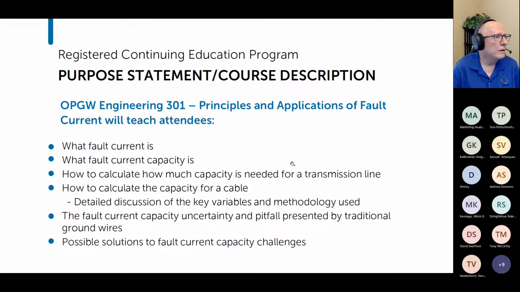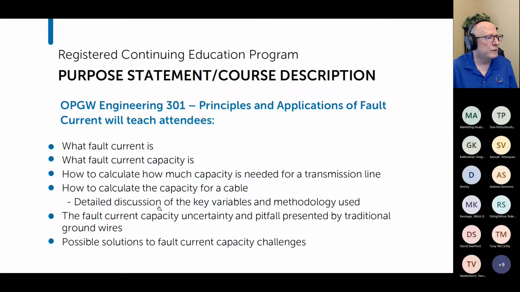The purpose statement of today's webinar is, again, OPGW Engineering 301, Principles and Application of Fault Current. We're going to talk about what fault current is, what fault current capacity is, how to calculate the required fault current capacity for a transmission line, and how to calculate the capacity of a cable.